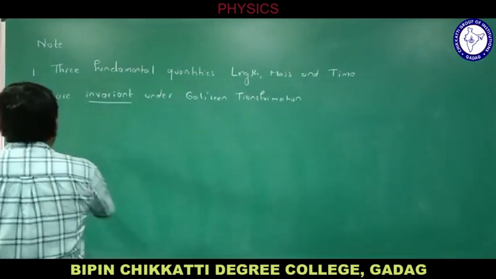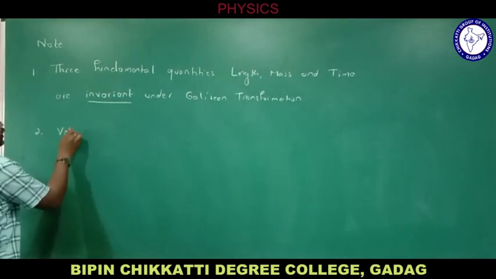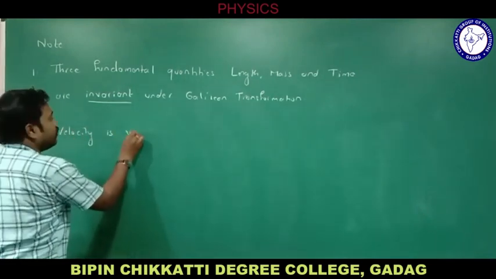So let us see some other physical quantities. Velocity is variant.